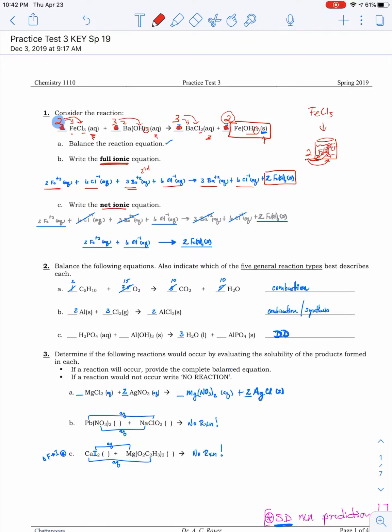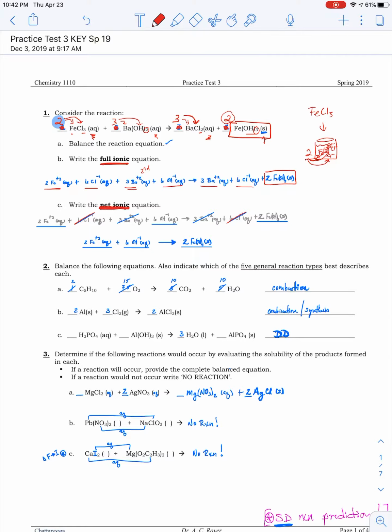Then I need to know the net ionic. Make sure you are very clear on these two. Super favorite test question is distinguishing between the two of them. So the net ionic equation is when you cancel out the things that are the same on both sides. So you can see that the chlorine is the same on both sides. And if for some reason you don't end up with the exact same 6 Cl minus AQs, you probably forgot to carry like one of these 3s all the way through.